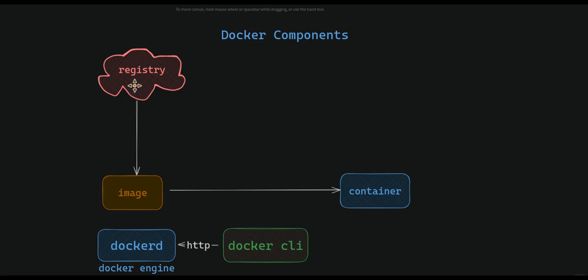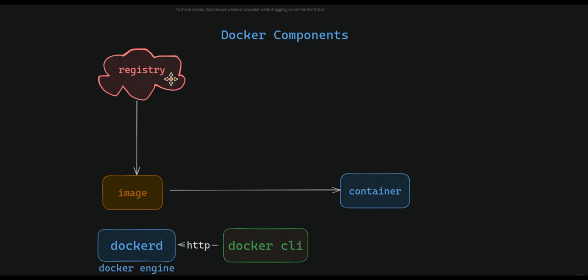Similarly, with a Docker registry, we can create our own images and push them to the registry, or there are public images available that we can download by pulling them. Whatever software packages we need, for example MySQL, Python, Node.js, MongoDB, or Redis, all the official images are present in this Docker registry, I mean hub.docker.com.